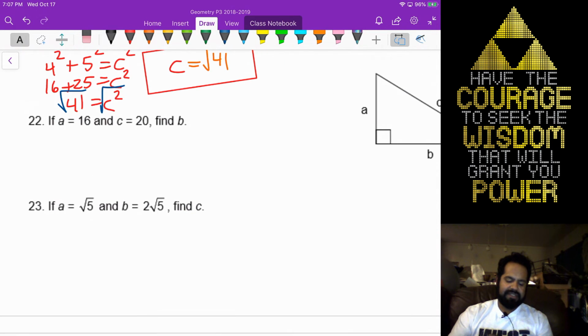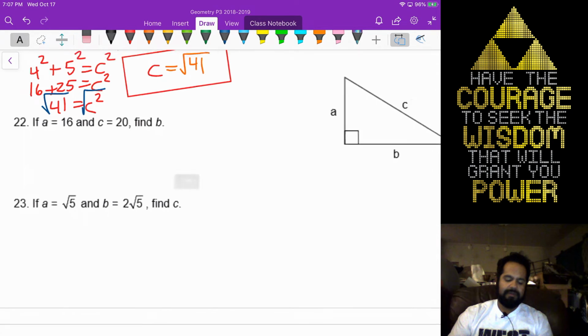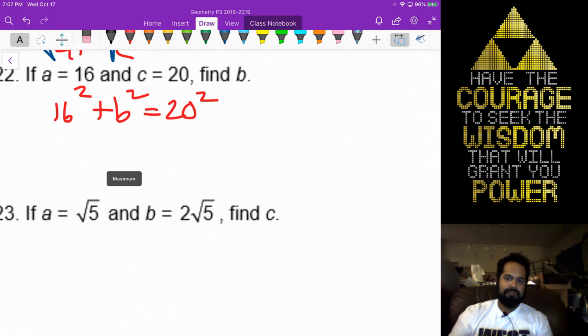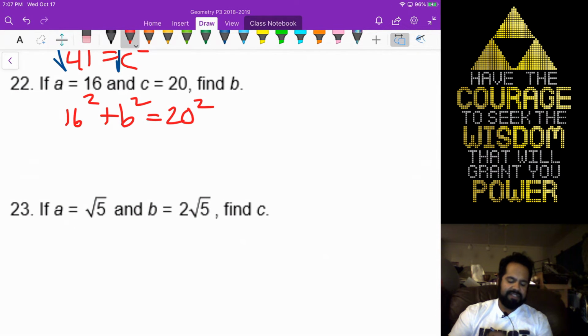All right, 16, 20, we want to find B. So in this case, I'm missing a leg. So 16 squared plus B squared is going to equal 20 squared. 16 squared is 196. No, wow. Yeah, no. 16, wow. Let's try 256.